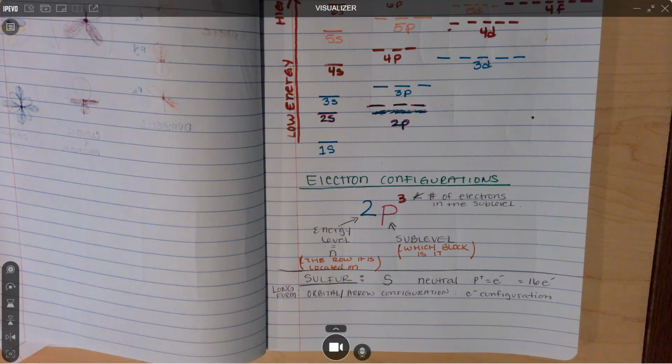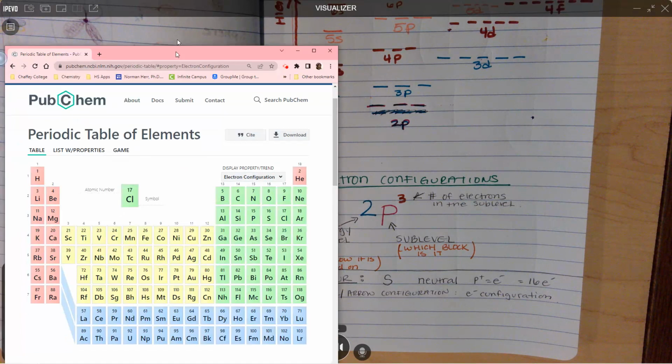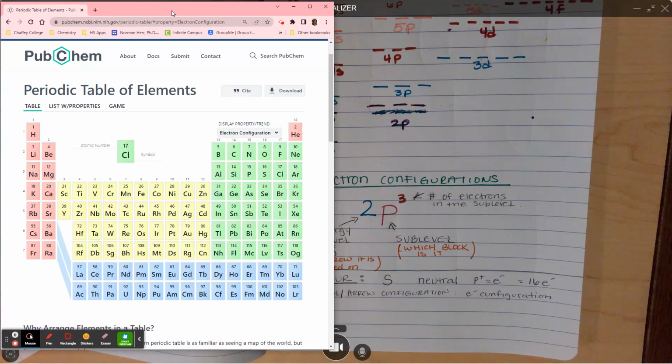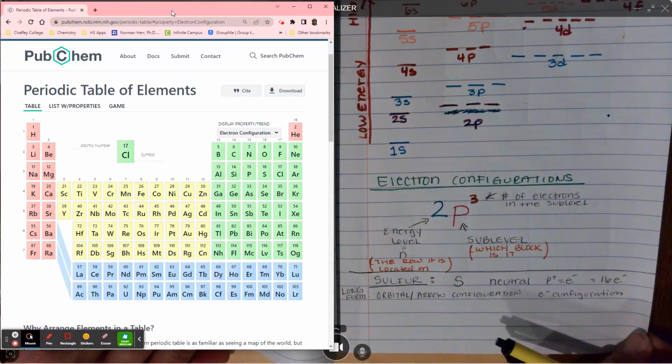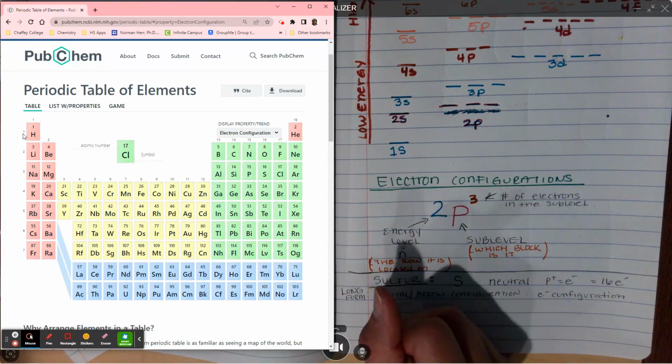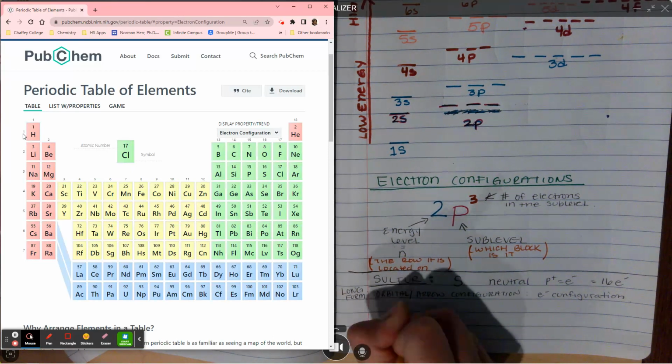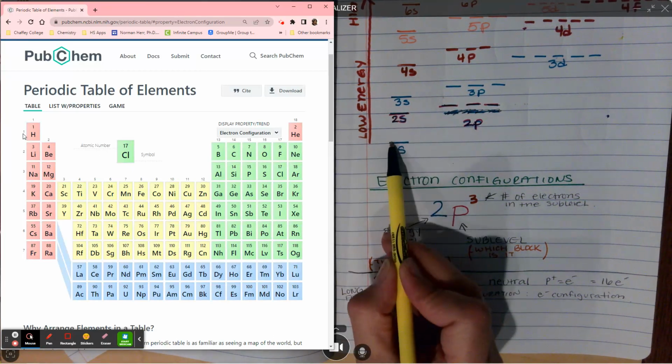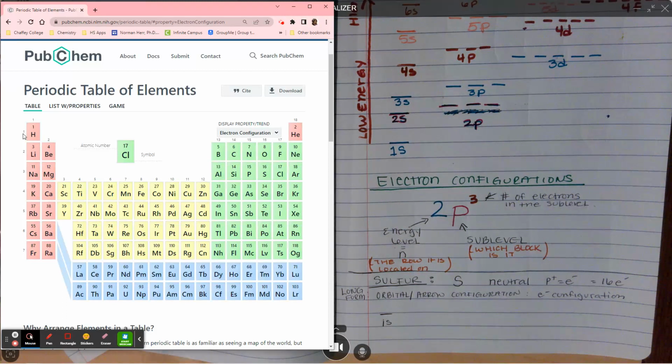All right, so we said it has 16 electrons, and we're going to start with energy level 1. That's the first thing I'm going to write, a 1s, and remember we're using these little lines to represent the shape that we have. We're going to go all the way to sulfur, which is 3s, 3p.